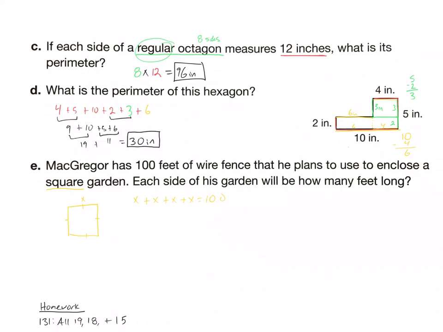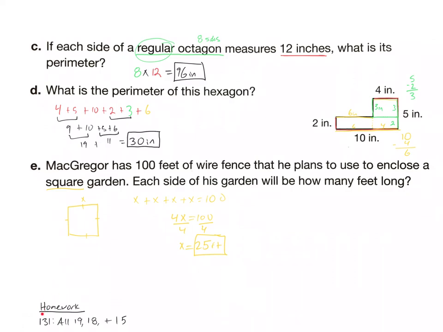Well, 4 x's all added together is 4x equals 100. So I'm going to divide by 4. And that's going to give me x is equal to 25 feet. Right, so I took that 100 feet of wire and divided it among the 4 sides. Each side length would be 25 feet.